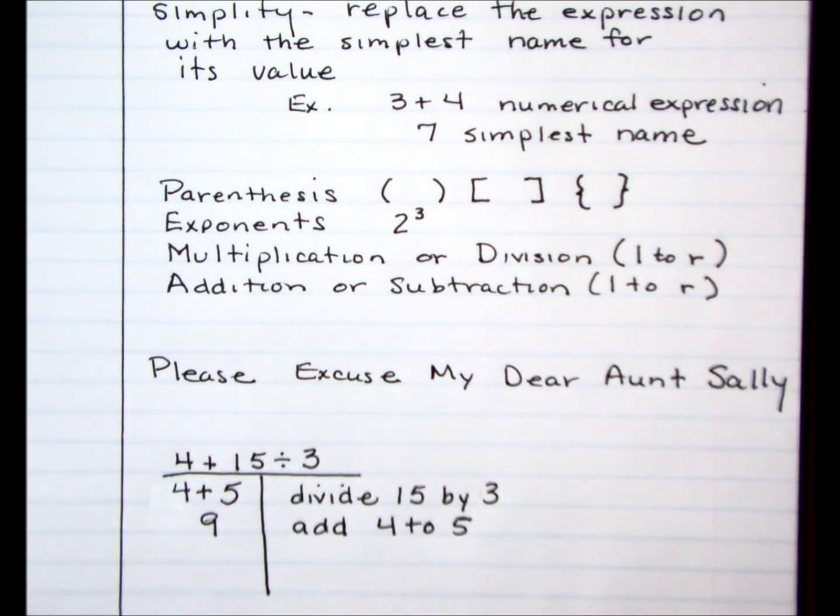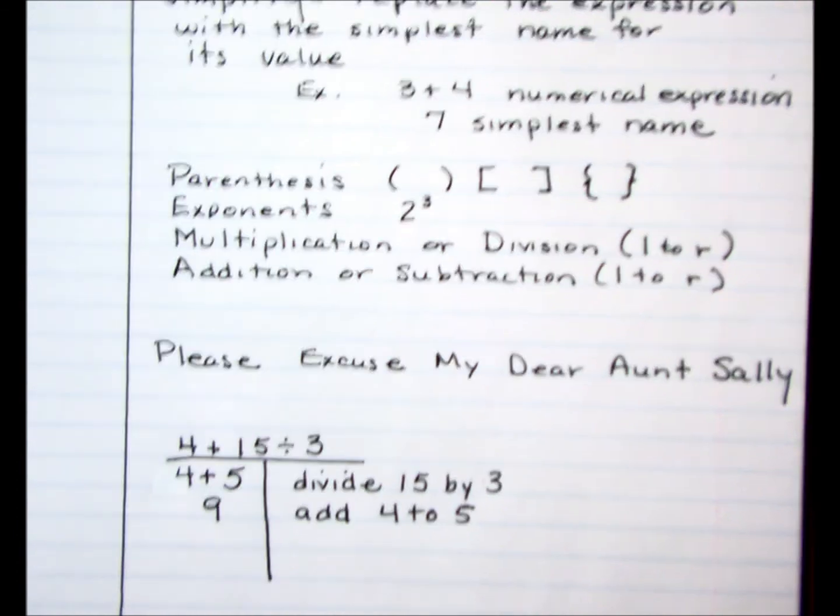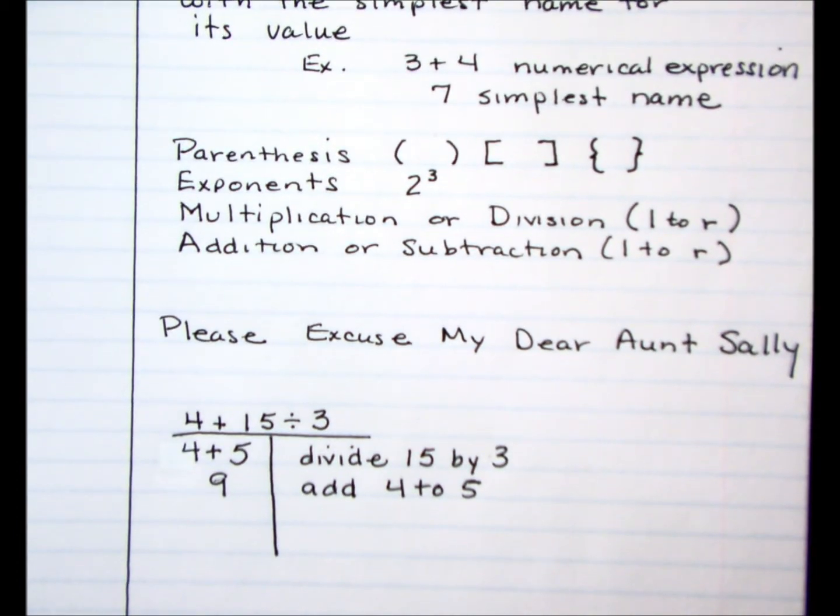So here's an example of putting the order of operations into use. This problem says 4 plus 15 divided by 3. Now, if we were just doing it left to right, we'd add 4 and 15, and then it would be 19 divided by 3, and it would equal 6.33.